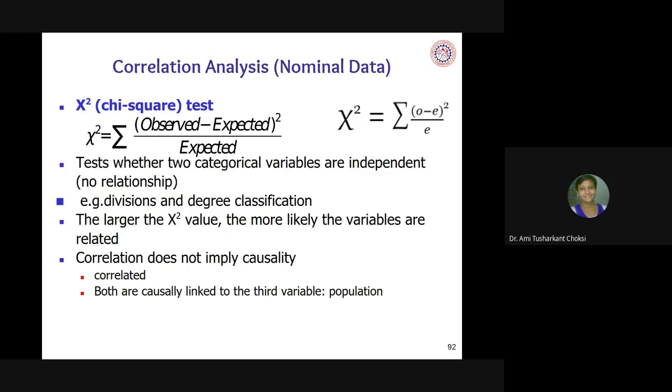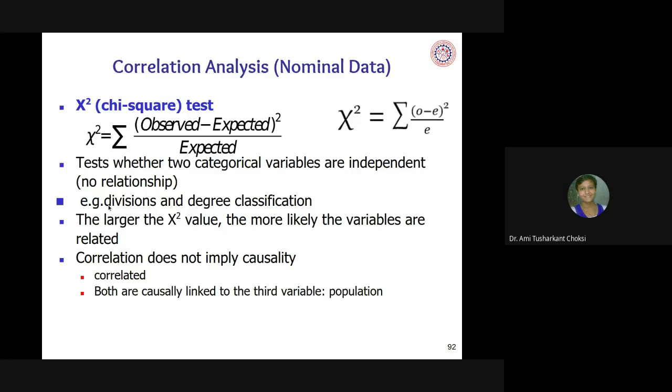Chi-square is equal to sigma observed minus expected whole square upon expected, that is, sigma (O minus E) whole square upon E. What it does is test whether two categorical variables are independent or not.